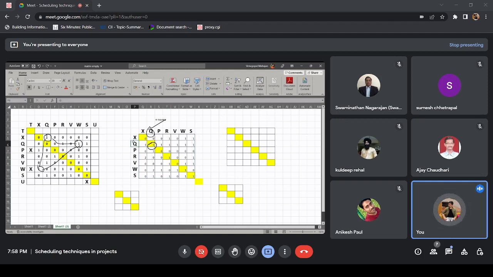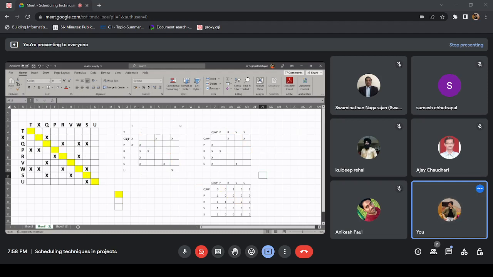So here I picked the Q. From Q, I went to the original matrix again and found out the loop. Once I found the loop, I made it into a block QXW and made the active matrix again, and as you can see, no further partitioning is possible. So you made the binary matrix again.